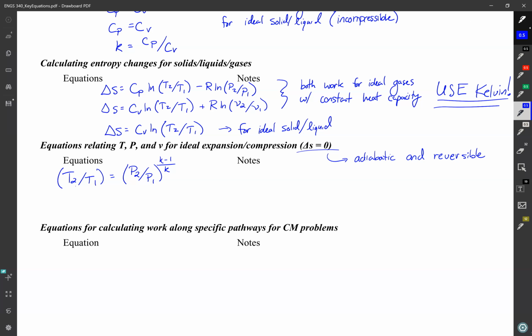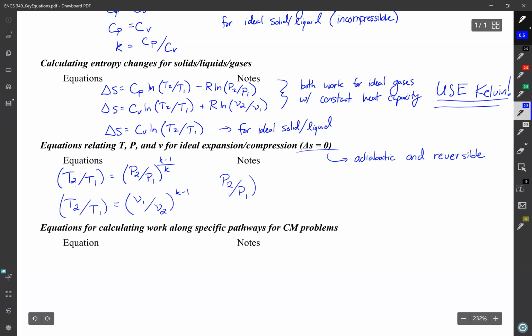Or we have T2 over T1 equals V1 over V2 to the K minus 1, or our last equation, P2 over P1 equals V1 over V2 to the K power.